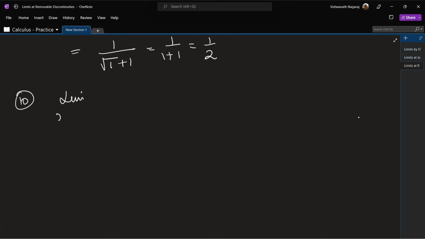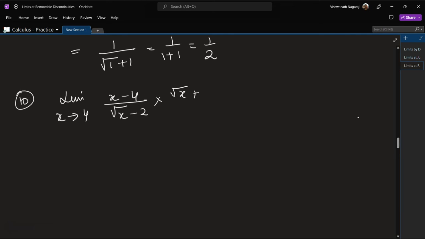Okay, 10th one. Limit as x approaches 4 of (x minus 4) by (square root of x minus 2). Okay, again we can rationalize. So let's rationalize the denominator.